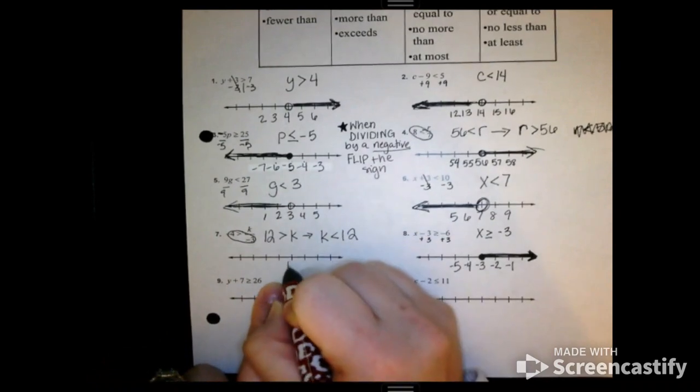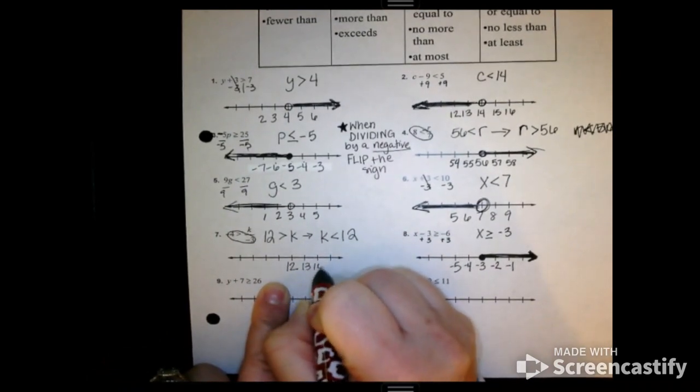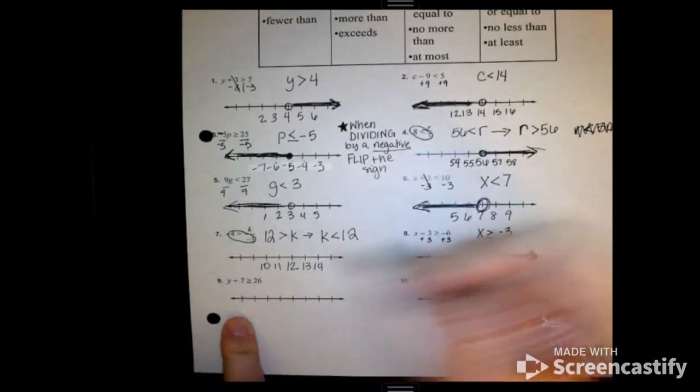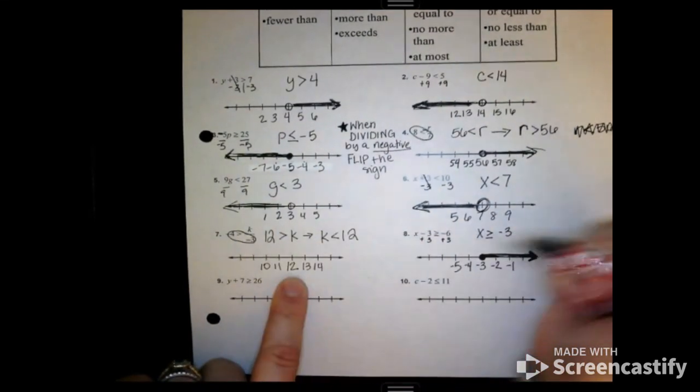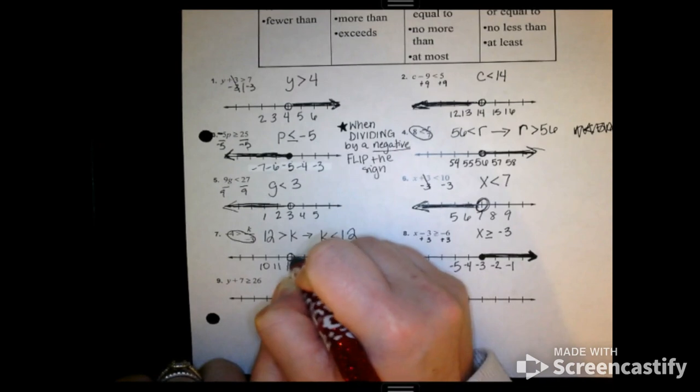Okay? So that is always there. 12 is here. What's going this way? 13, 14, 11, and 10. All right, what kind of circle? Open. Which direction? Left.